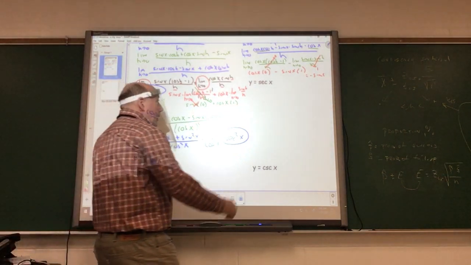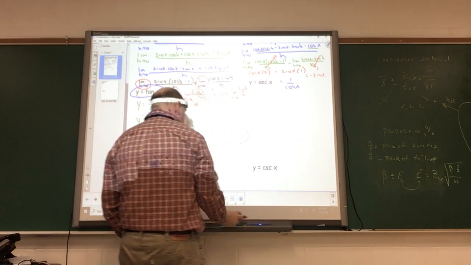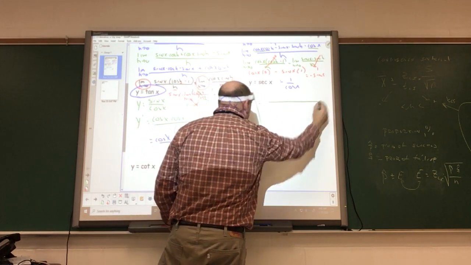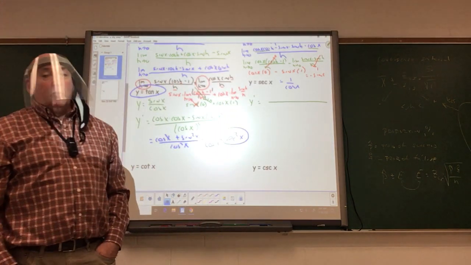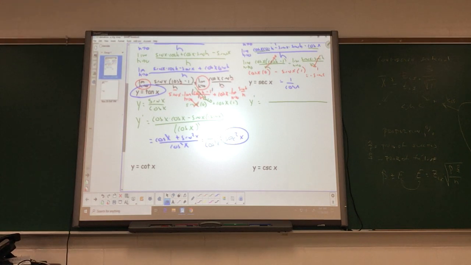Well, how else can we write secant? 1 over cosine of x. Use your quotient rule. Take the derivative of 1 times the bottom, minus the top, which is 1 times the derivative of cosine.